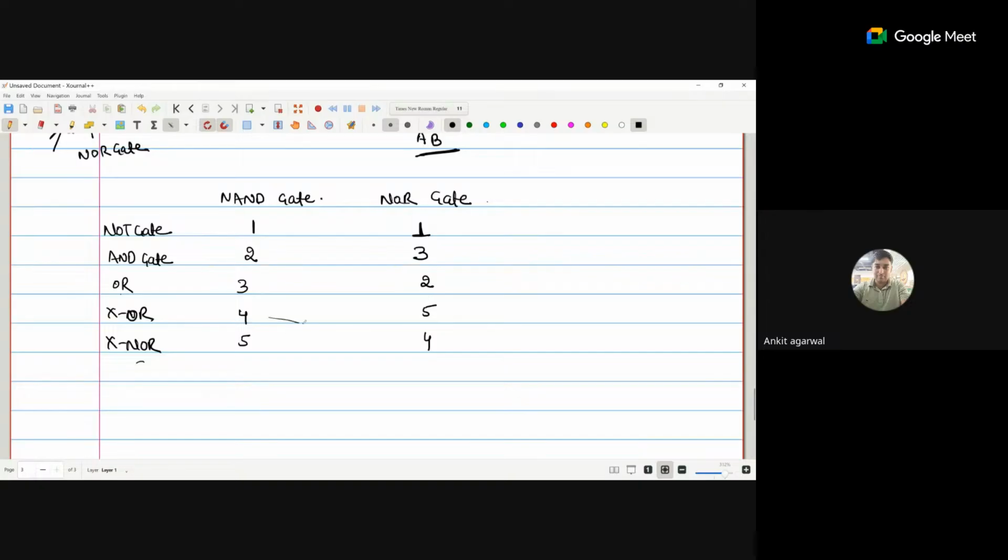Here these both are interchanged. The way to remember: NOR and XNOR require 4 gates, NOR and OR require 2 gates. So remaining is 3 and 5. Now interchange, you can get this NAND gate implementation. So that is important because in GATE, direct questions are asked.